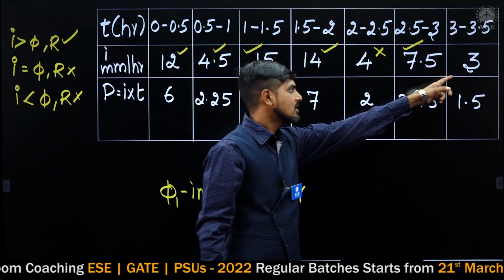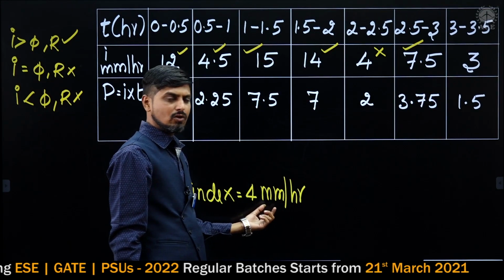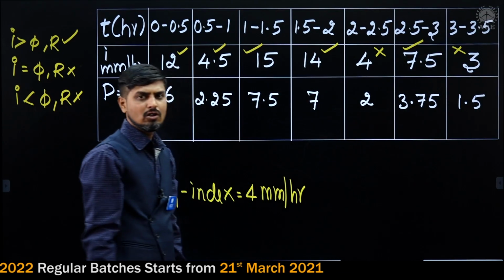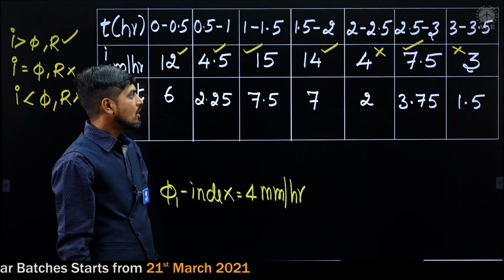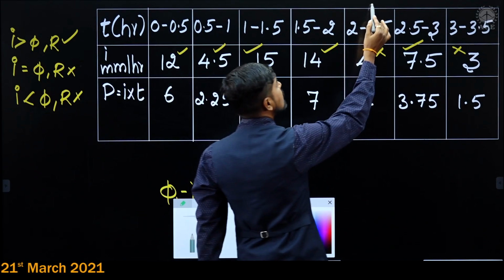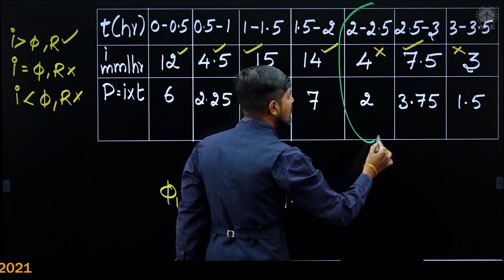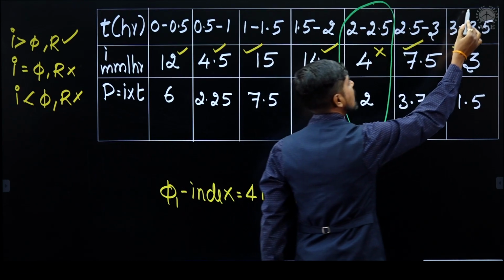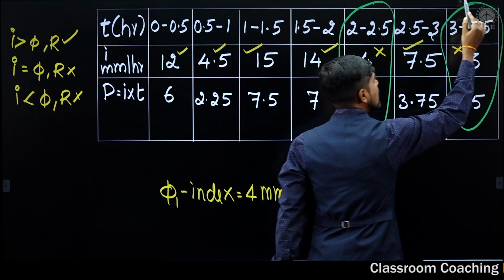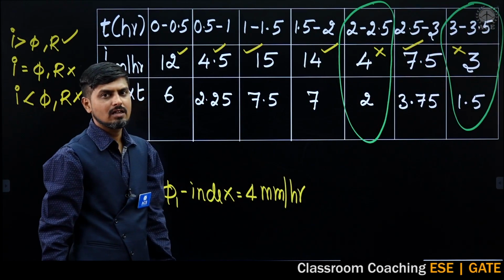Intensity is 3, phi index is 4, so intensity less than phi index, there will be no runoff. Now you can see here, in this half an hour and in this half an hour, you are not able to observe runoff.